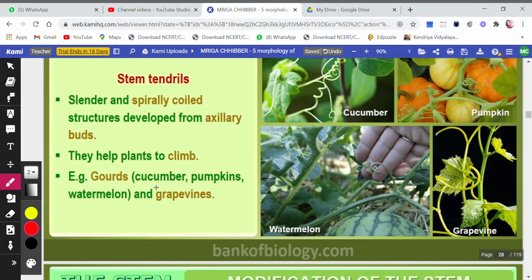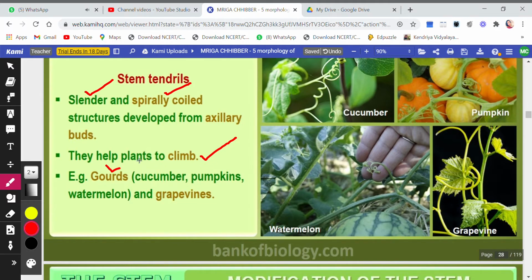Then stem tendrils, as you see, slender, spirally coiled. Stem tendrils are spirally coiled structures developed from the axillary bud, that is developed from the axil. They help the plant to climb.